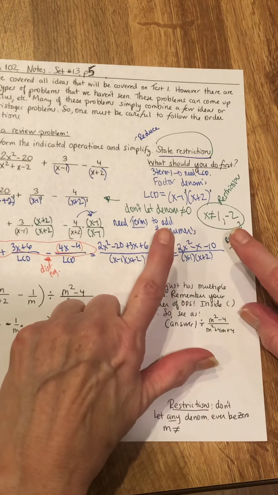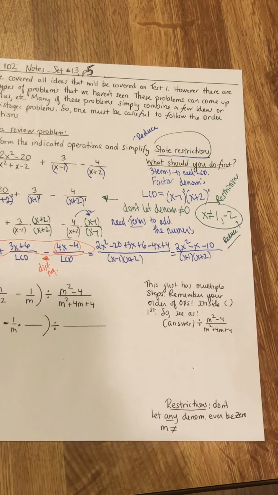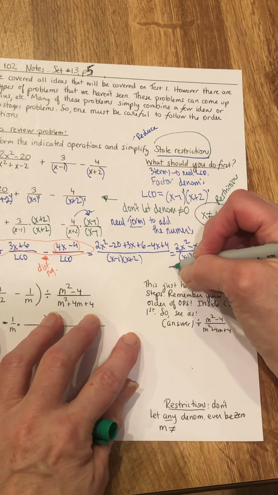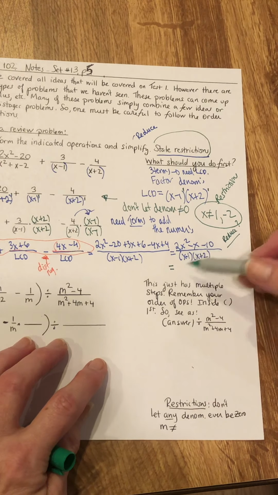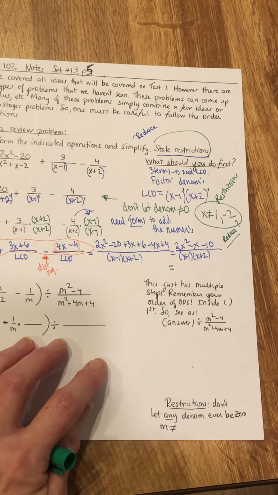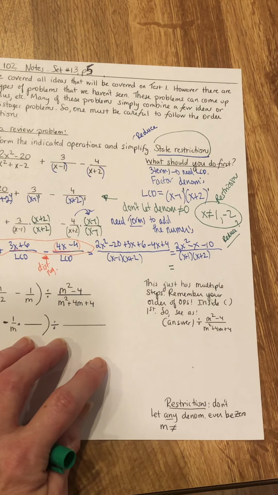So once I've combined my like terms, when I'm thinking about reducing, I need factors in that numerator. So let me see if the numerator factors. And if it doesn't factor, or if it factors but there are no identical factors to cancel, it's not going to reduce. So you could leave it this way, but I can't tell if it's going to reduce until I try to factor it.